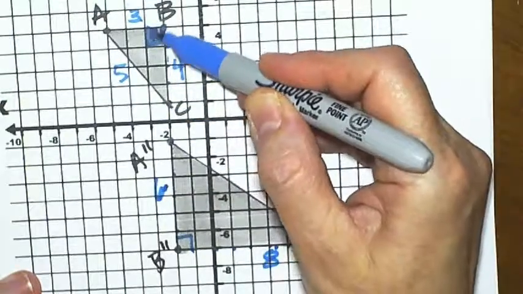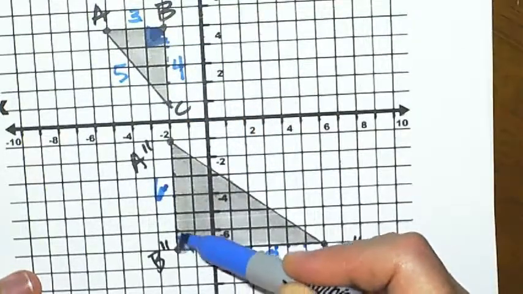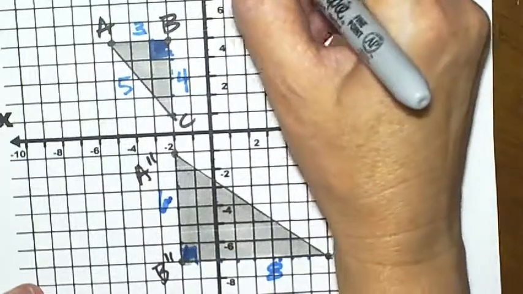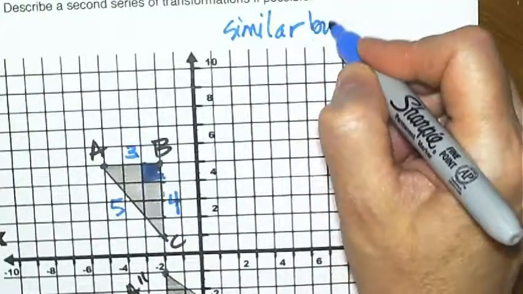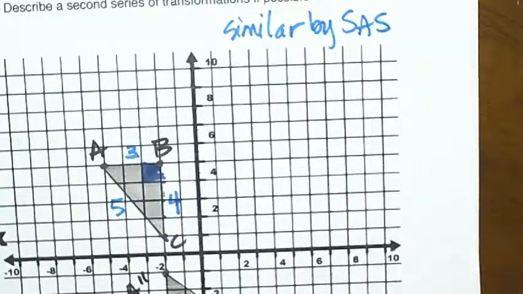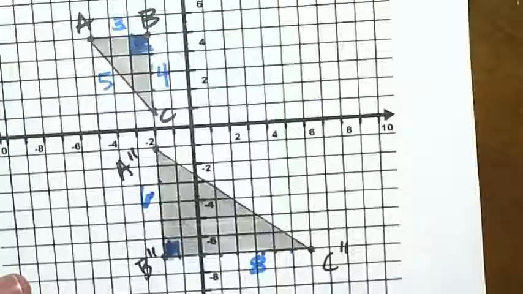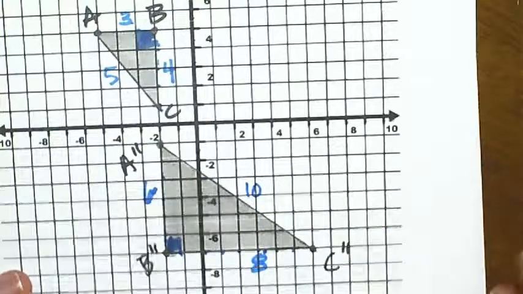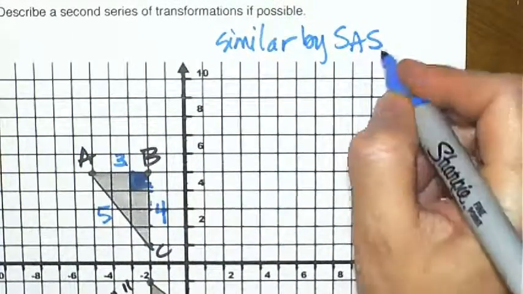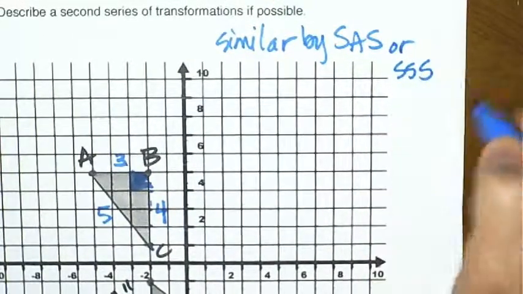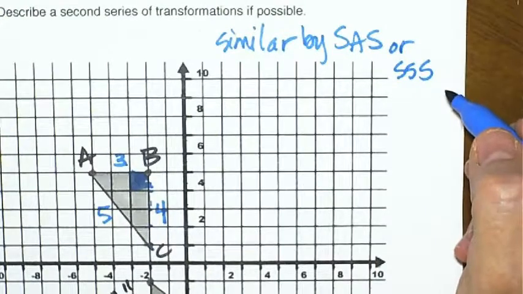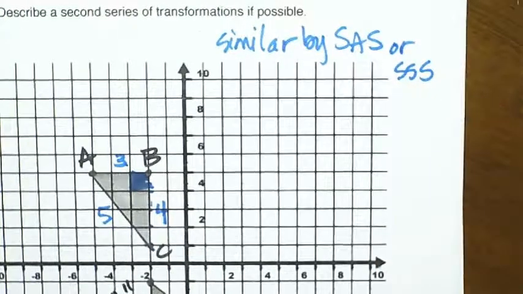And then I've got the right angle in between those two sides. So yes, they are similar by side angle side. Now if you wanted to, you could do Pythagorean theorem. You would get that this is 10, and you could say that they're similar SSS, but if you do that, you would have to show the work that you got the hypotenuse.